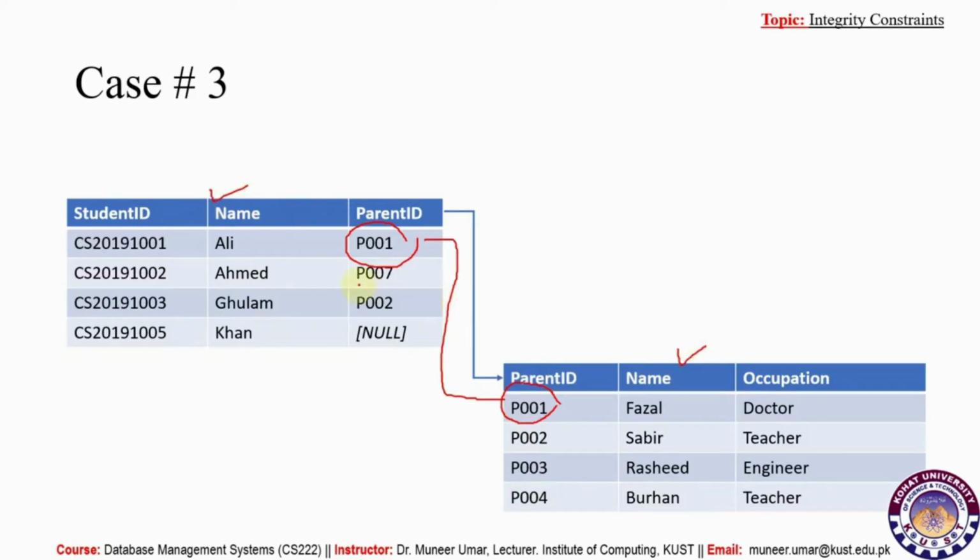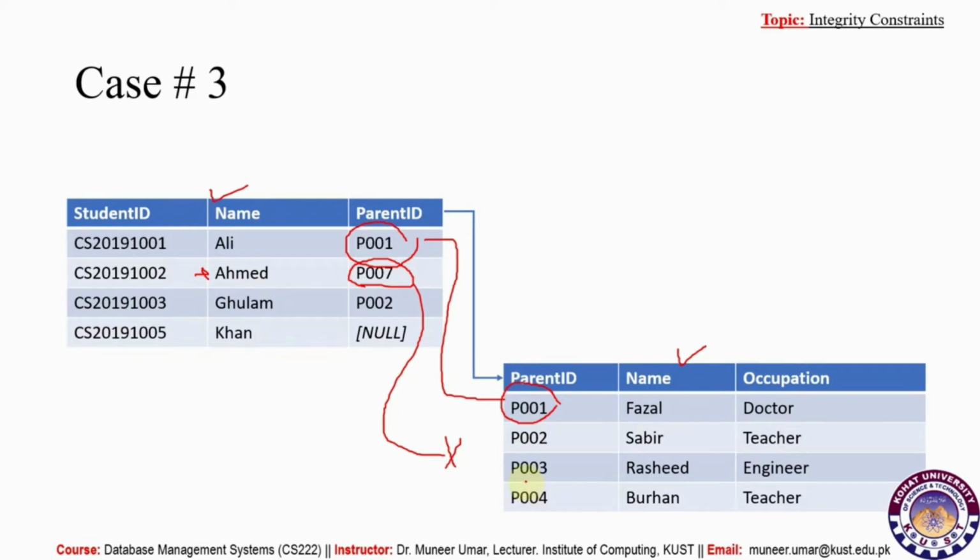Then we have P007. This value is not present here. So if I say that I need the father name of Ahmad and look into this value, I will see that this value is not present in the second table, so this will cause an error for me.